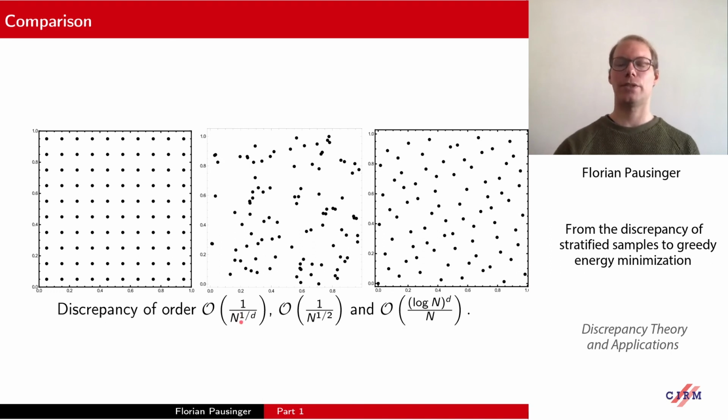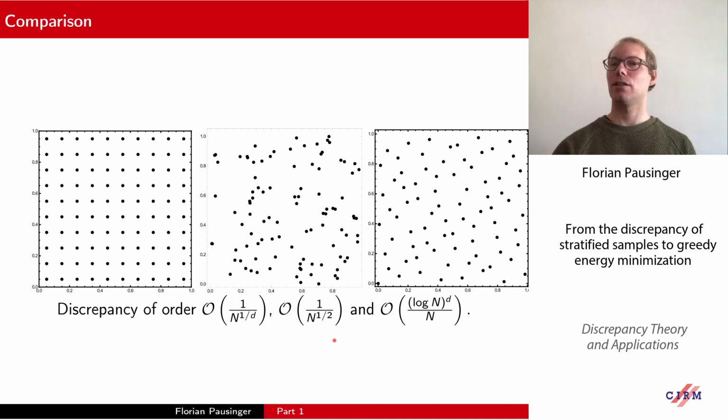And if you think back of the definition of the discrepancy, this somehow makes sense because you have very large empty boxes between rows of points in the two-dimensional case, and this of course generalizes to d-dimensional boxes. Whereas you can see in the case of a low discrepancy sequence, you can never find as large empty boxes as you can find in the case of the regular grid.